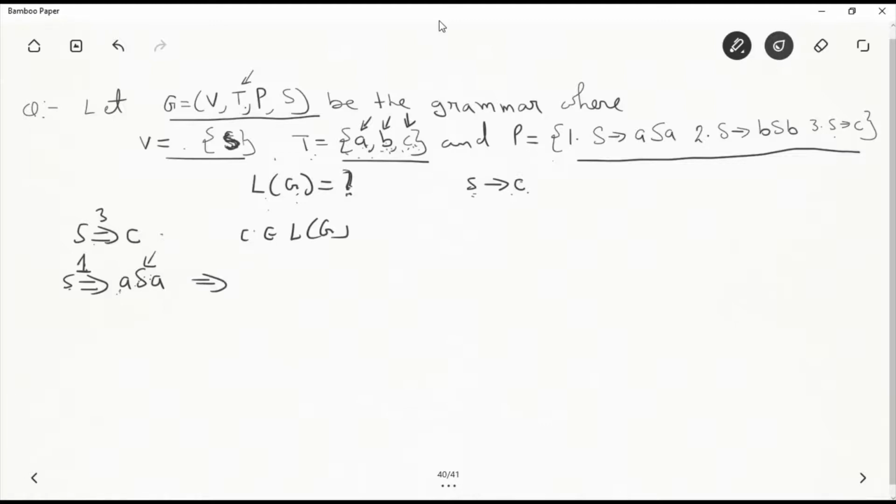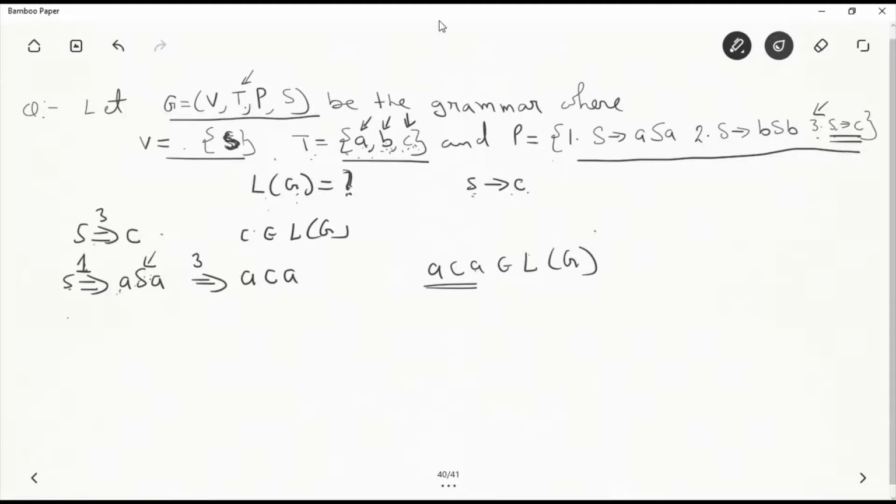So we use production rule 3, that is S is rewritten as C. By applying this, we get ACA, which will be part of the language generated by G. This string is derivable from the start symbol.